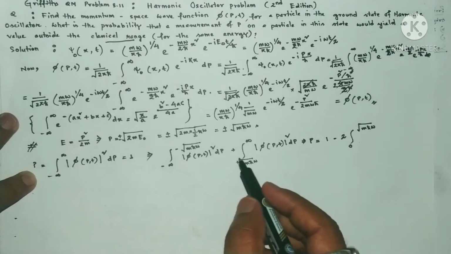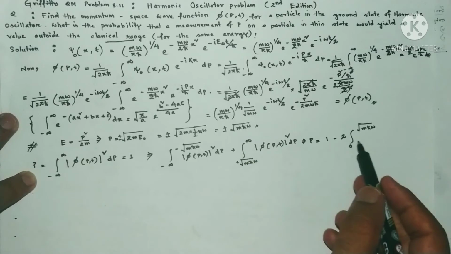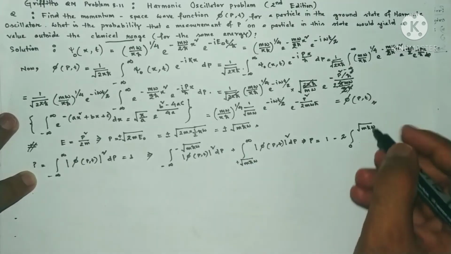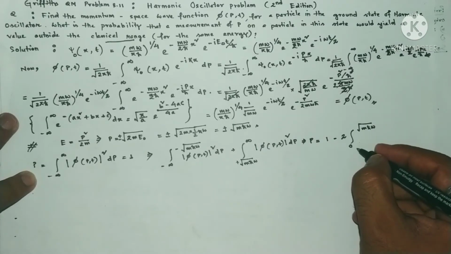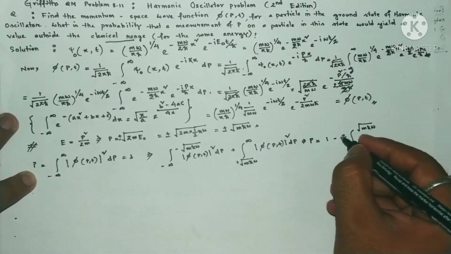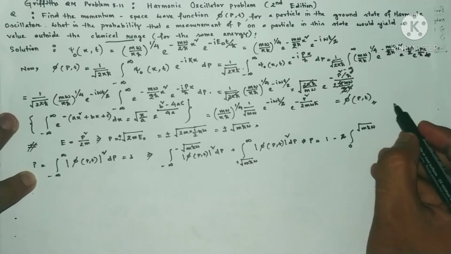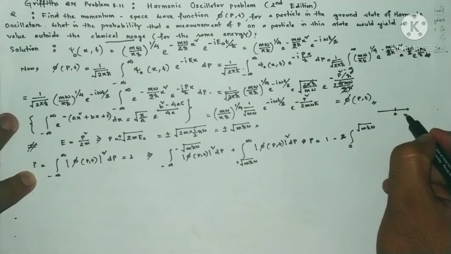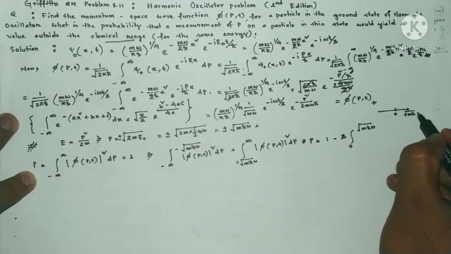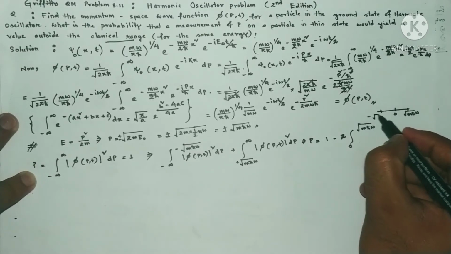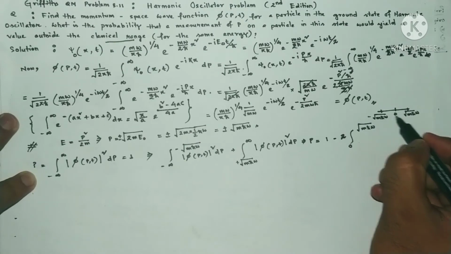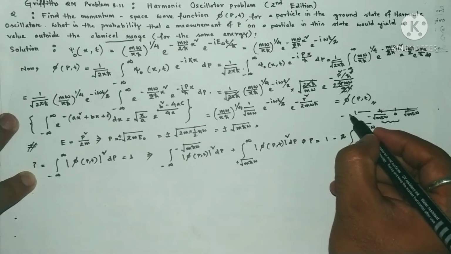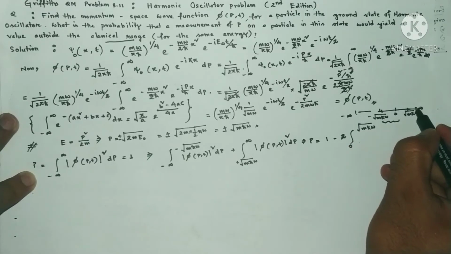So we can exclude these two terms, these terms that are the range, then we will be getting these two, is it? So this will be equal to 0 to under root m h cross omega, and it is multiplied by 2. So you can see this is 0, and there we have m h cross omega, and there we have minus m h cross omega. So this portion, and there we have minus infinity, there we have plus infinity.